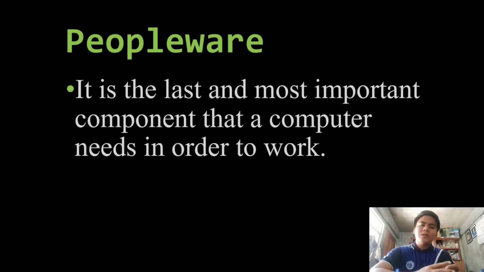Which means peopleware is the most important component because without the peopleware, the computer will not work. Kasi walang magmamanipulate kay computer. So sino-sino yung mga peopleware? The peopleware will be us. Tayo na gumagamit ng computer, that is now what we call peopleware.